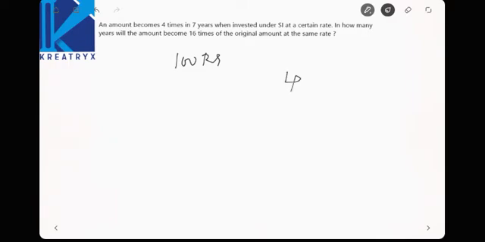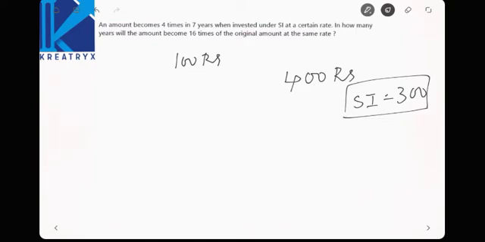Will it be 400 after 7 years? Now what is the principal amount here? 100. Now the interest obtained is how much? 300, right? So for 7 years the interest obtained is 300.